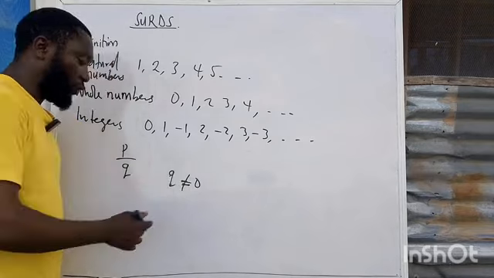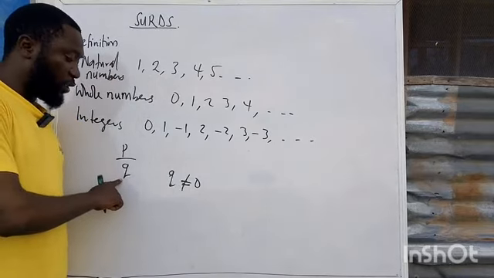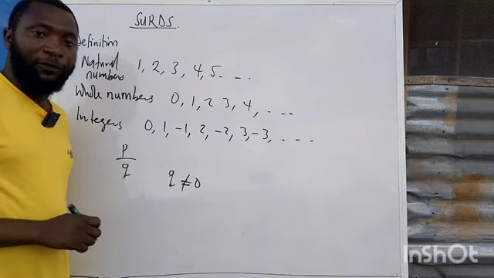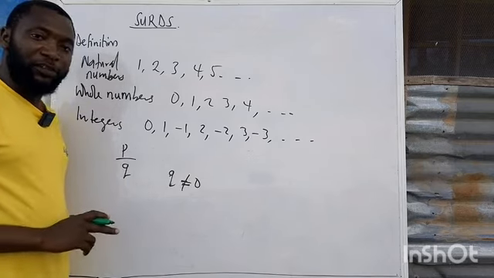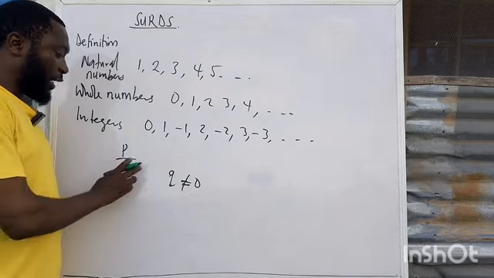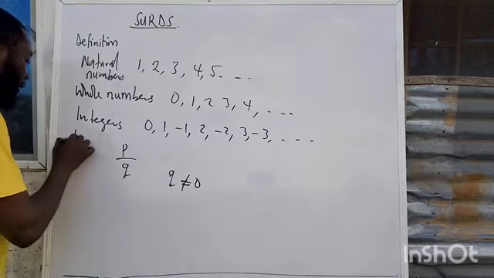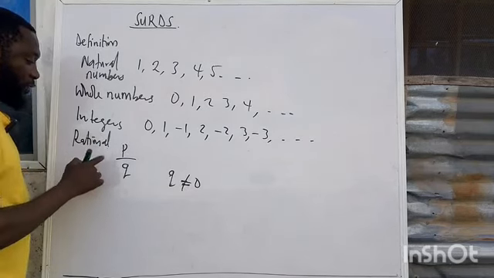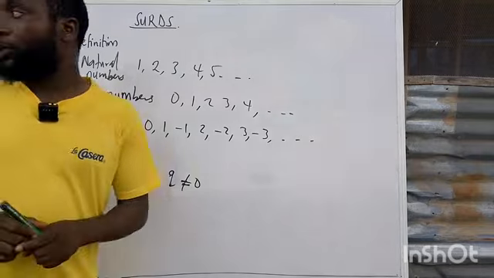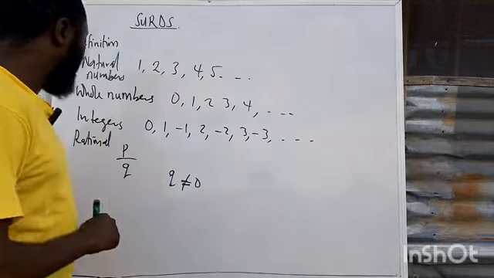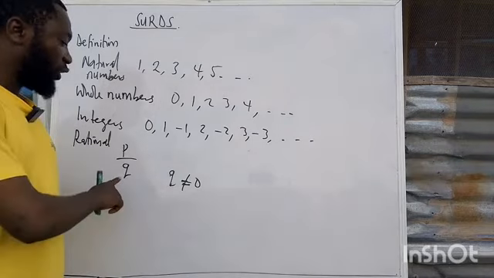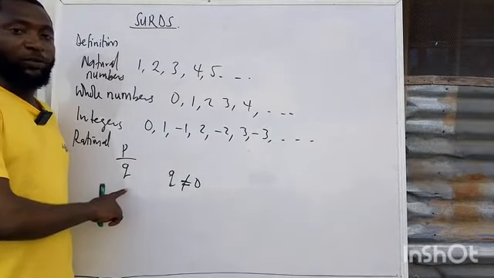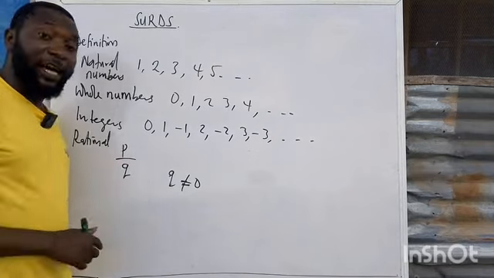Your q cannot be 0, because once it equals 0, you have undefined, so that number does not exist. Any number you can express as a fraction is what we call a rational number, but the denominator must not be 0.